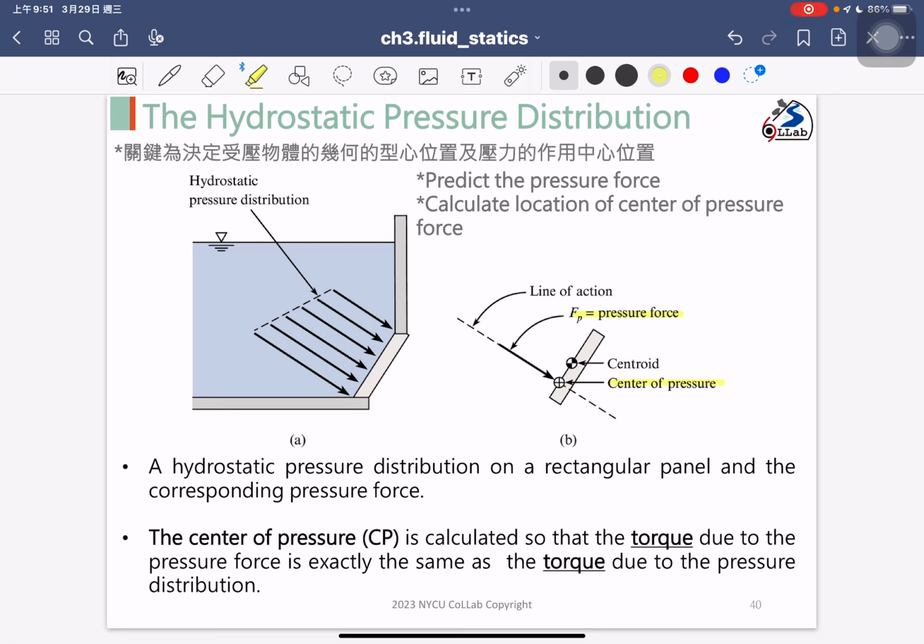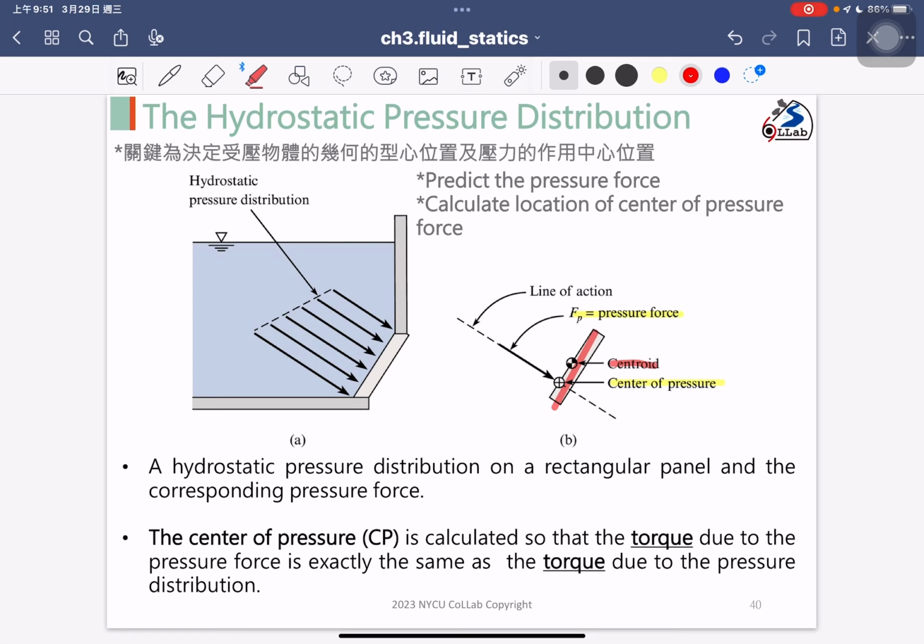Because the shape of the panel we usually consider is symmetric, the center of the panel we call the centroid point.